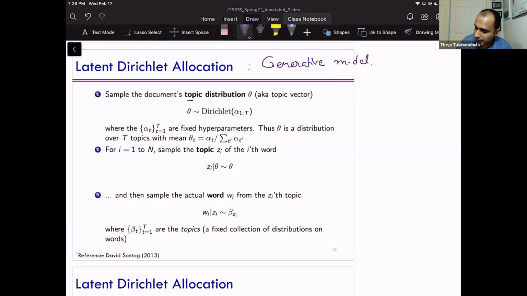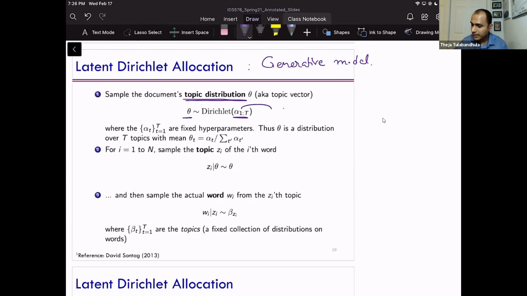What we do is as follows. We build the topic distribution of this document, which just means that let's say we have a bunch of parameters, some capital T. Why capital T? Because we'll have T number of topics, and we'll sample a vector given this parameter.